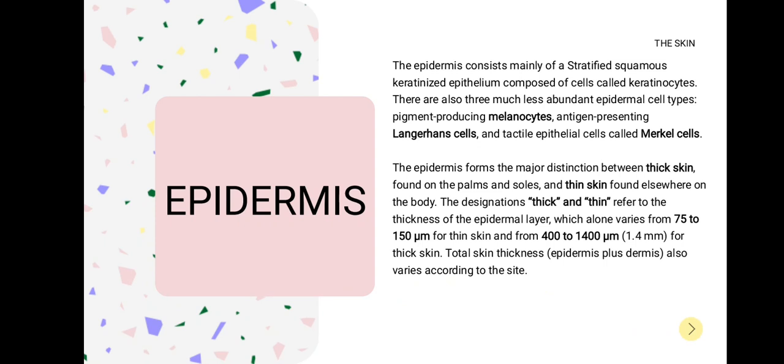When you hear the word epidermis, it would always be followed by the words composed of cells called the keratinocytes. There are also 3 much less abundant epidermal cell types, such as the pigment-producing melanocytes. They will be introduced to you later on because mine is just the introductory part.